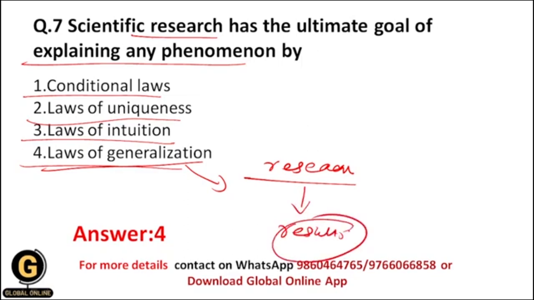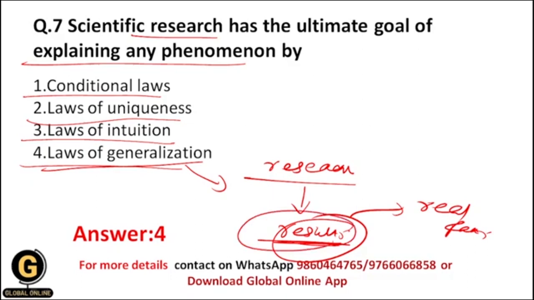We apply the results of this research study to the real facts. This is nothing but the law of generalization, because you are generalizing the results of the research to the real facts. This is the most important thing, and that's why scientific research has the ultimate goal to explain any kind of phenomenon by these laws of generalization.